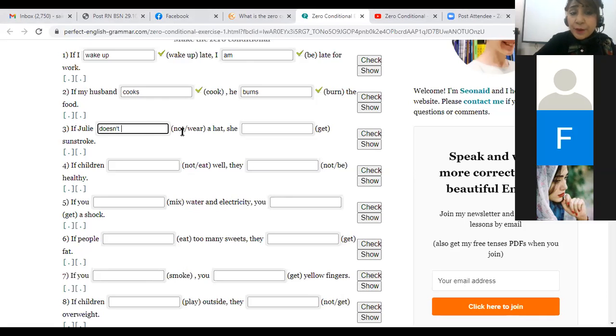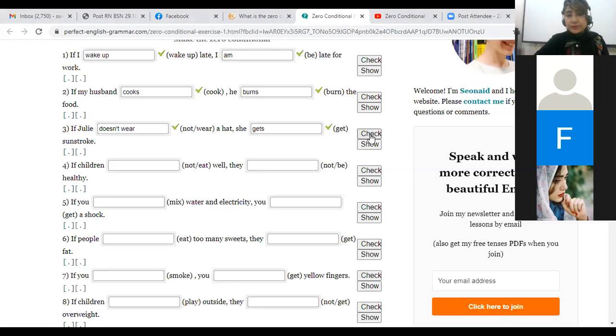And this clue with not in the bracket is telling you that you have to make a negative sentence. So if Julie doesn't wear a hat, she gets sunstroke.